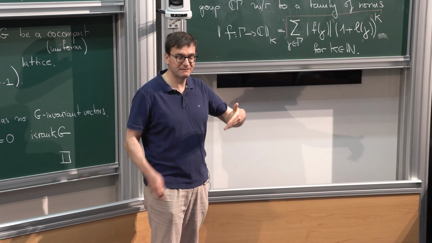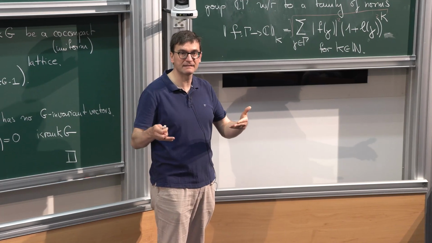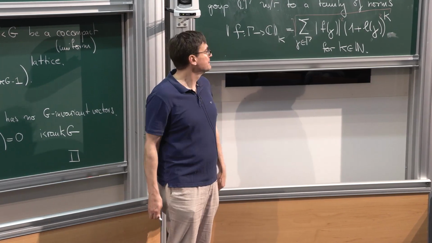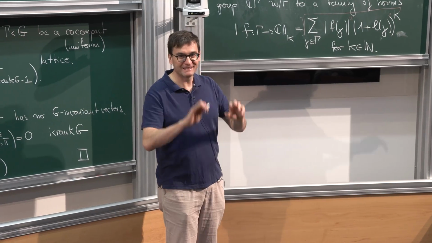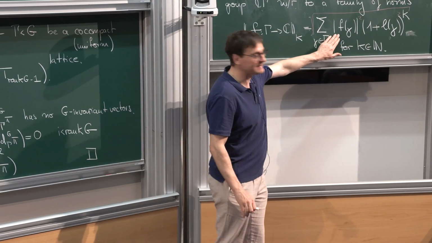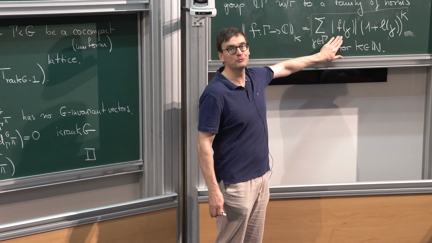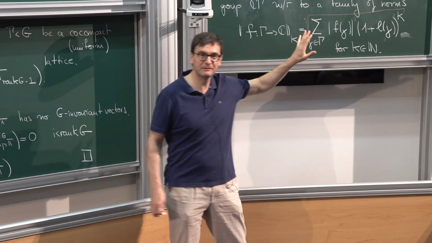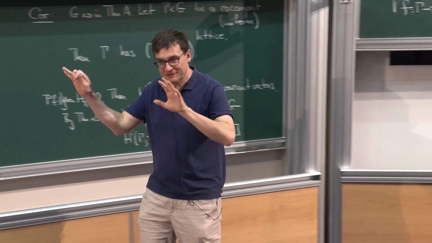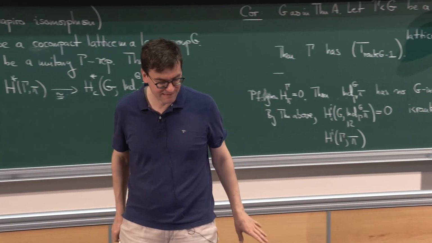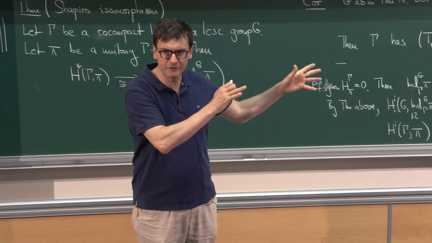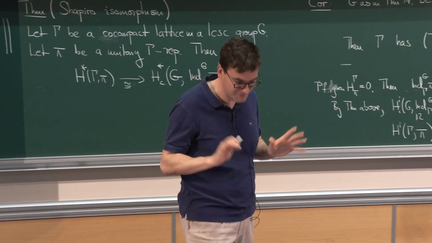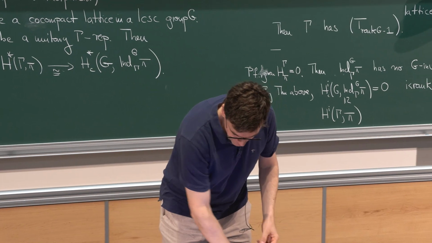And the rapid decay property means it's an algebra and it's sitting inside the reduced C-star algebra. So if you know that, bear in mind, this is something different here. We're not taking L2. We're doing what we have here, and this will give you an algebra. So it looks close to rapid decay, but it's something else. Just a remark for those who know that property.